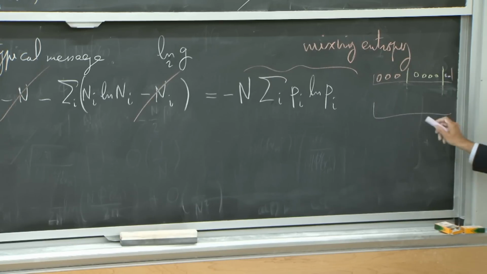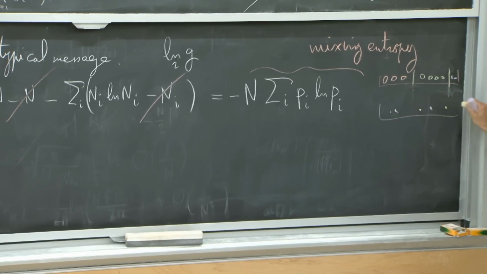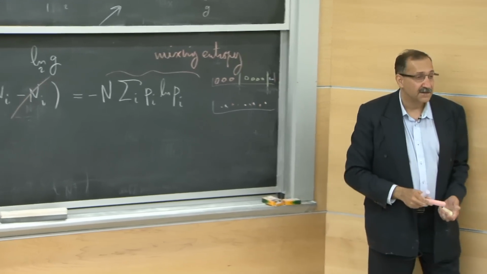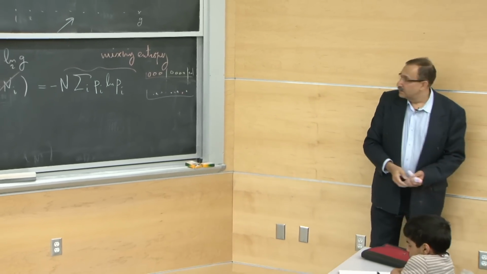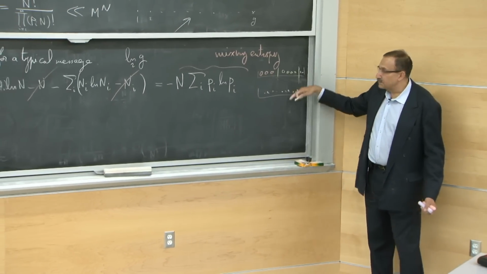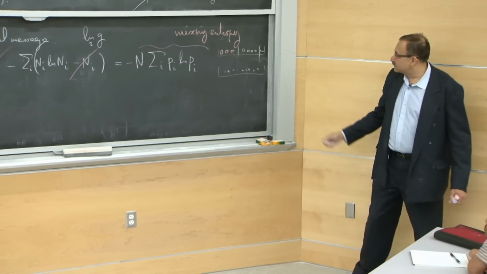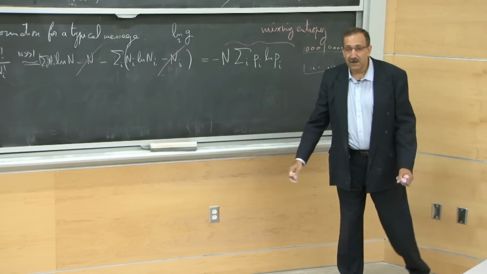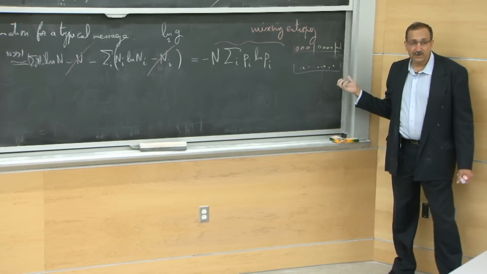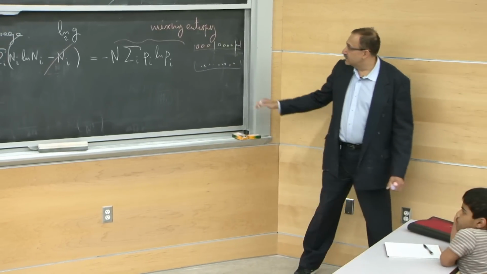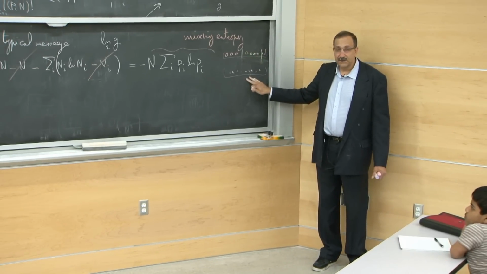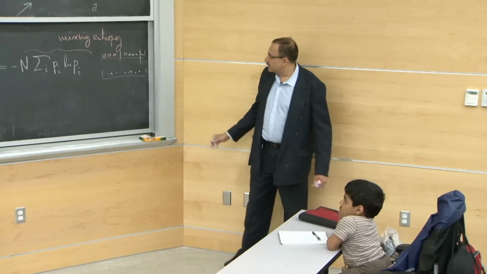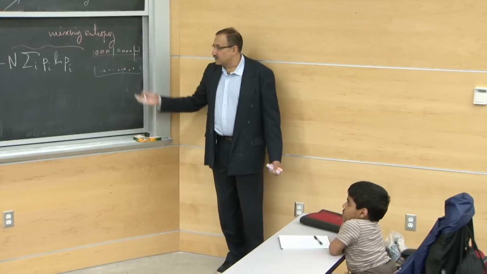And I then mix them up together so that they are put in all possible random ways, and I don't know which is where, I have done something that is irreversible. It is very easy to take these boxes of marbles of different colors and mix them up. You have to do more work to separate them out. And so this increase in entropy is given by precisely the same formula here, and is called the mixing entropy.